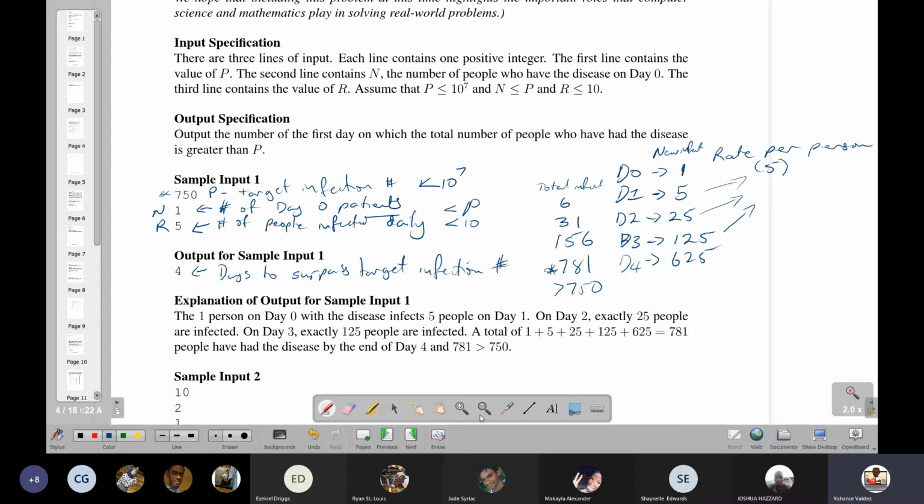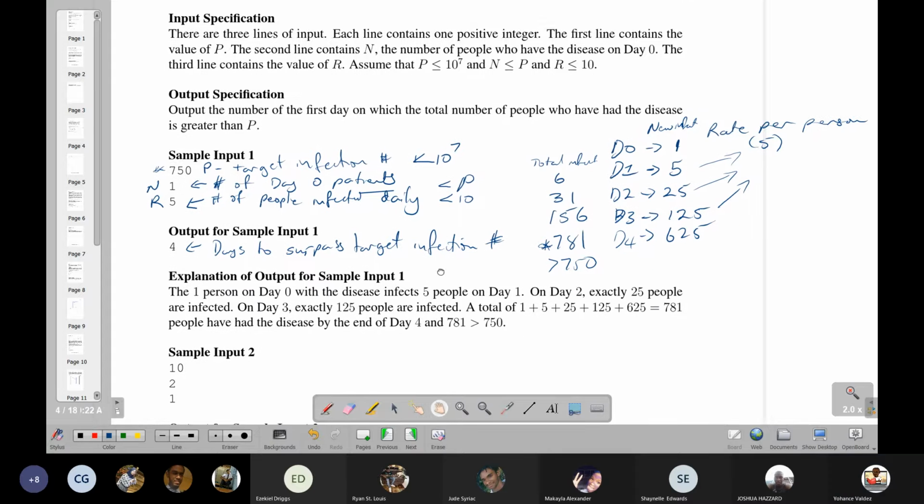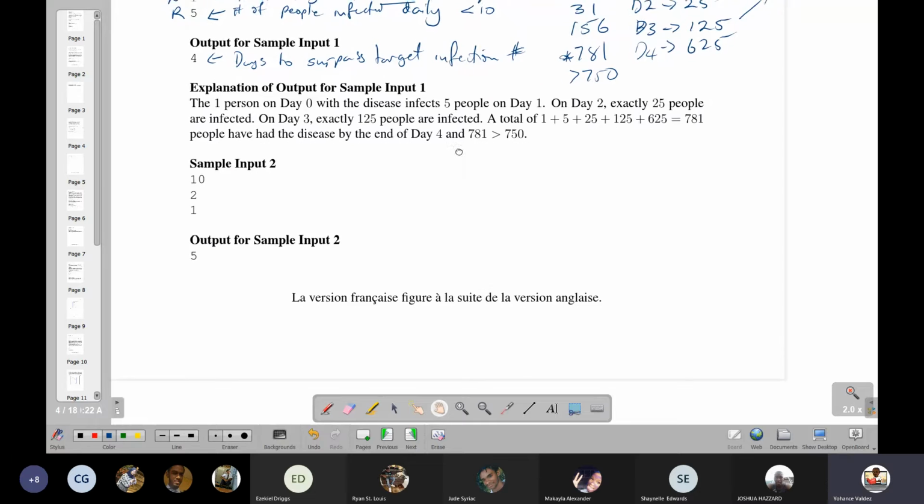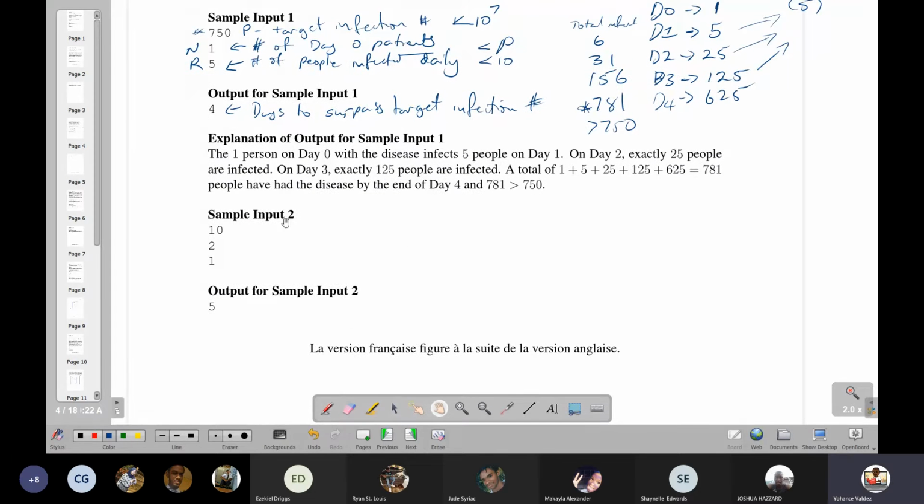Let's do it again for sample input 2. For sample input 2, our target is to know how many days it will take for 10 people to get infected. So this is our target, and we want to know how many days it will take. On day 0, we started off with 2, so the total number of infections was 2.